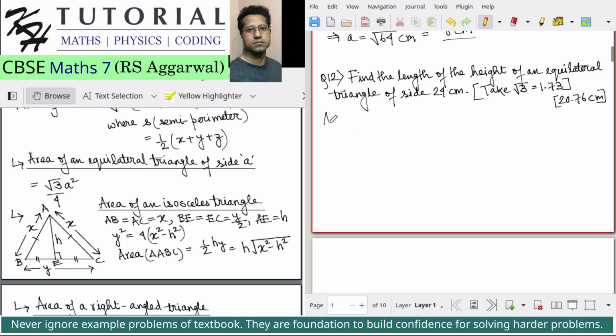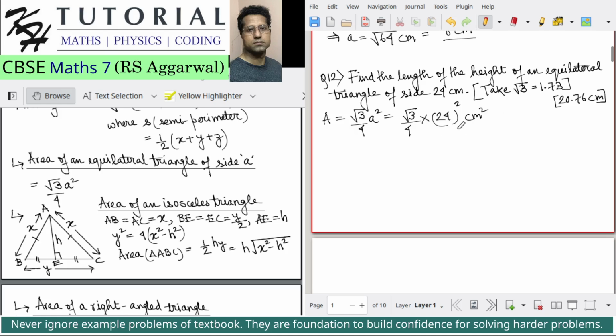So area will be, we know that the area of an equilateral triangle is square root of 3 divided by 4 a square, where a is the length of each side of the equilateral triangle. In this problem, length of each side is given to be 24 centimeter. So this will be square root of 3 divided by 4 multiplied by 24 square, centimeter square.